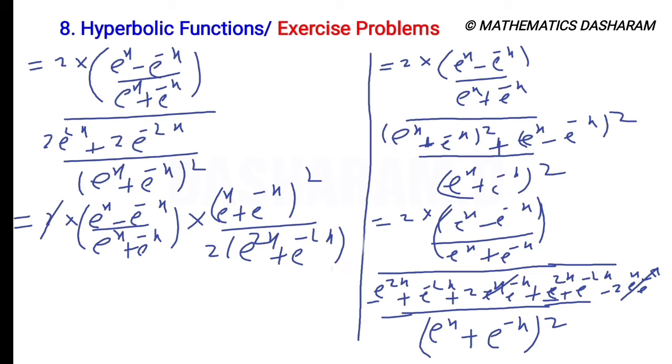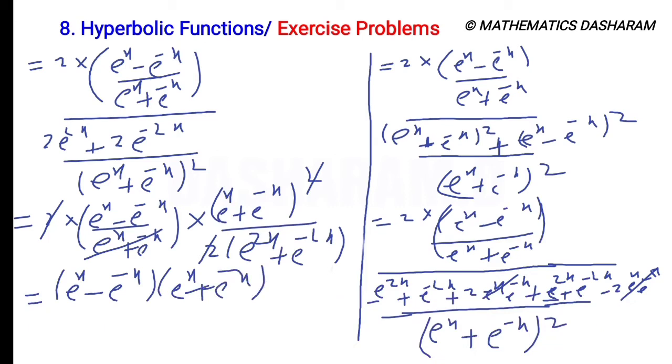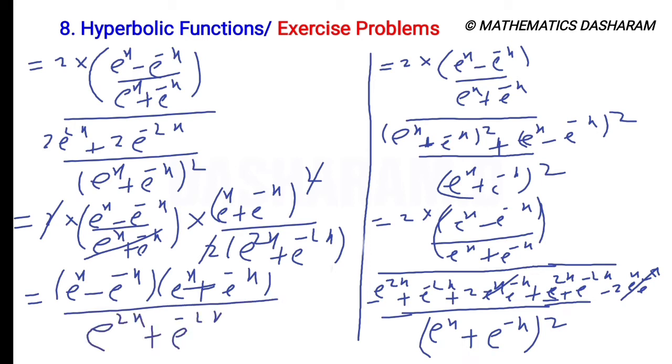So then here 2 cancels, so here the square and e to the power of x plus e to the power of minus x cancel, so then e to the power of x minus e to the power of minus x into e to the power of x plus e to the power of minus x, so divided by e to the power of 2x plus e to the power of minus 2x.